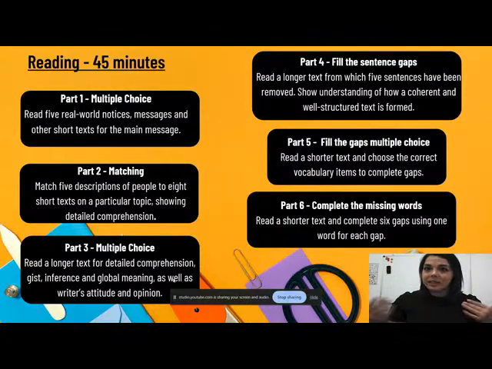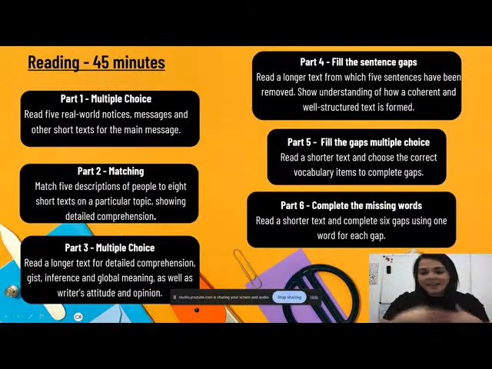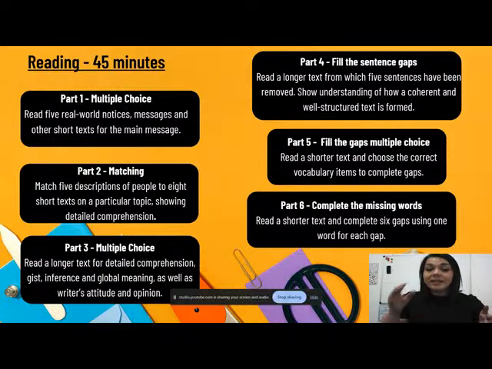Okay? Again, it's a longer text. Sentences have been removed from the text, and so you have to read them and try to choose the most appropriate to complete the paragraph or to complete the section. Part 5, again, is another gap fill. This time, we're looking at a shorter text.